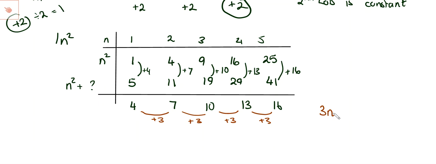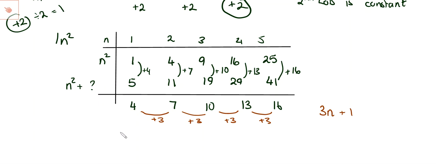3 times 1 gives you 3, but I want 4, so it's 3n plus 1. 3 times 2 is 6, plus 1 makes 7. 3 times 3 is 9, plus 1 is 10. So this is what we have to add on to get the numbers I want.